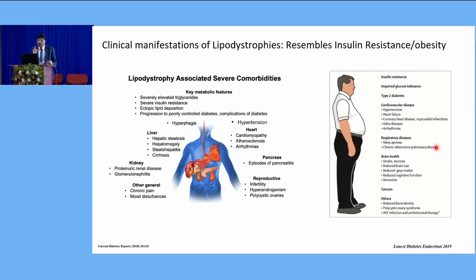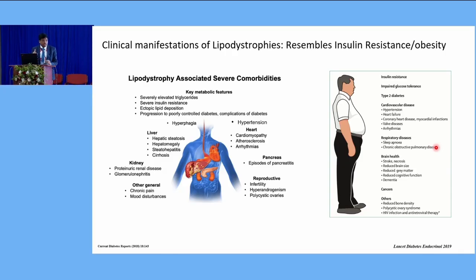But the clinical manifestations of lipodystrophy resemble insulin resistance and obesity. But in our scenario, it is metabolic obesity, not a BMI-diagnosed obesity. They lead to severely elevated triglycerides, severe insulin resistance, ectopic fat deposition, progression to poorly controlled diabetes, and complications of diabetes.